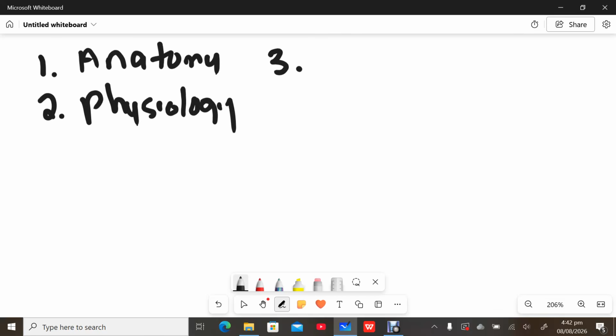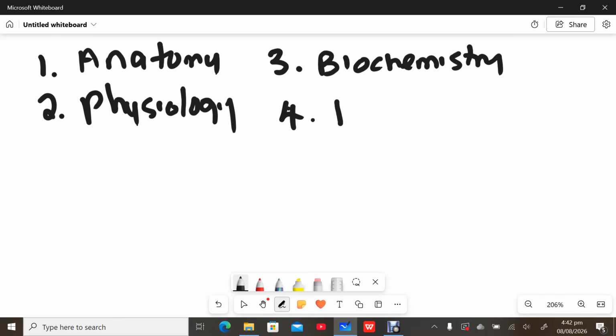The third course is biochemistry. Then the fourth course is public health. So these are the major courses that you'll be taking.